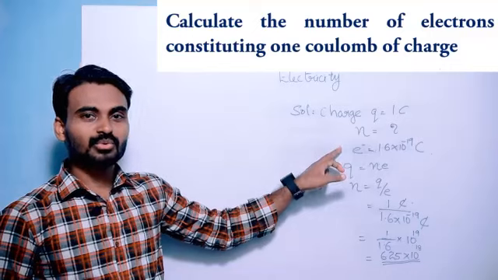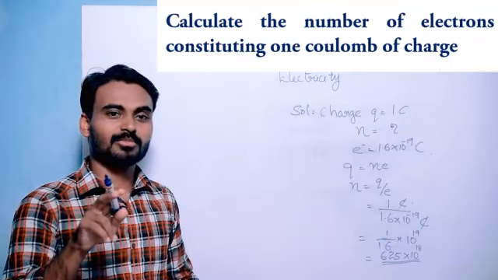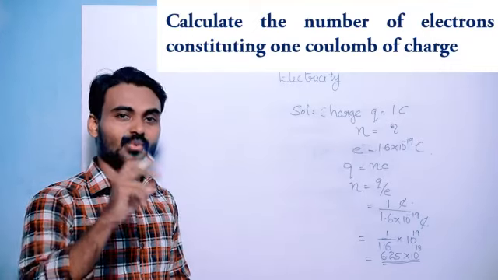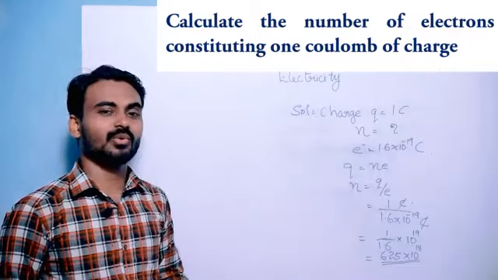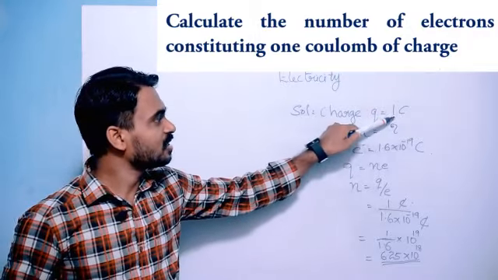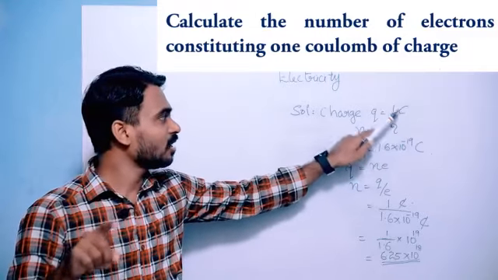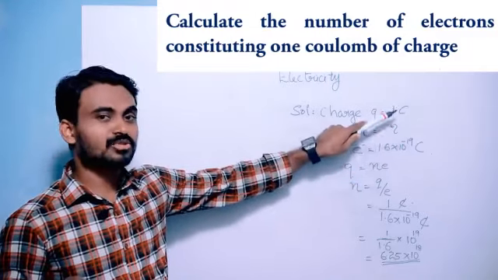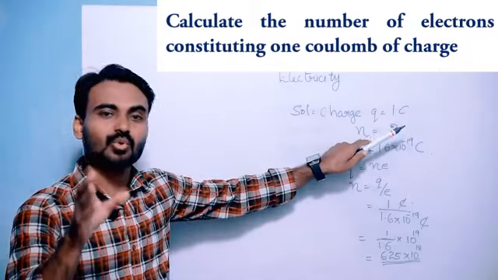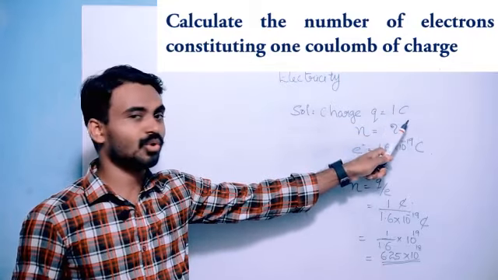And I told you earlier, while doing the problems, we need to define one unit. Here, that is what we are going to do. Charge is 1 coulomb. Coulomb is the unit of charge. So from this question, we have to define what is 1 coulomb. Look here, 1 coulomb.